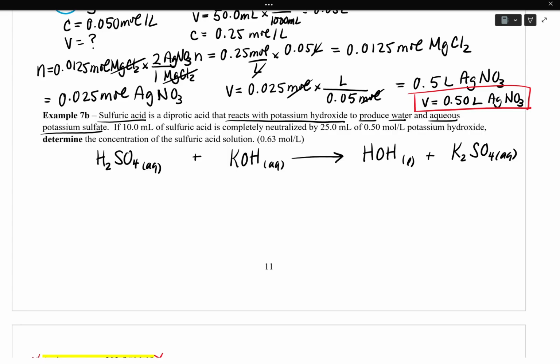So let's go through and balance. I've got 2 hydrogens on the reactant, so I need 2 waters. That makes 2 hydroxides, so I need 2 potassium hydroxide. And then if I take a look, my potassiums are now balanced, 2 and 2.